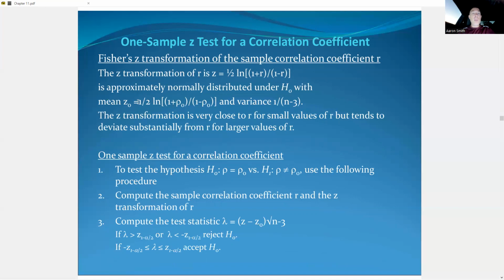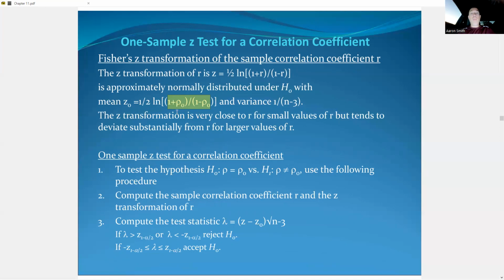Here is the mean of the normal distribution, and here is the variance. Notice that the variance will go to 0 as my sample size increases. Here, I'm using the hypothesized value, my null hypothesis value for the correlation.